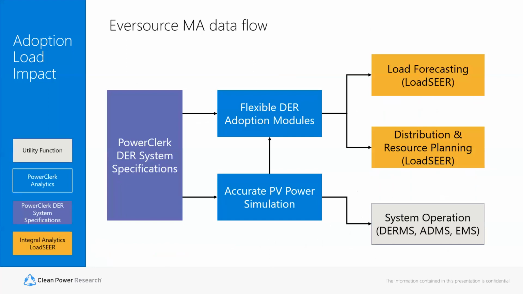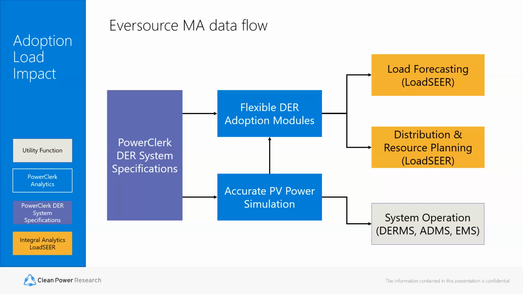All right, so just to conclude, I'll show how this all works for a real utility case. So we've been working with Eversource Massachusetts in order to do solar adoption forecasting for them. And so what this looks like is we've got all of their system data in PowerClerk that flows into the adoption model.